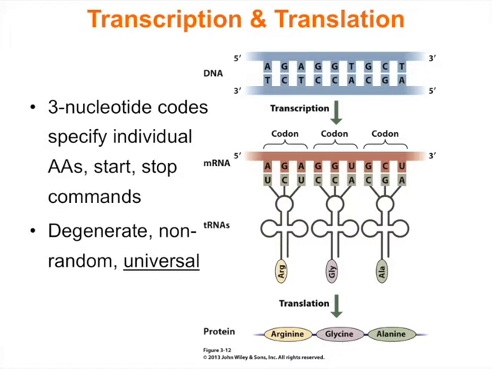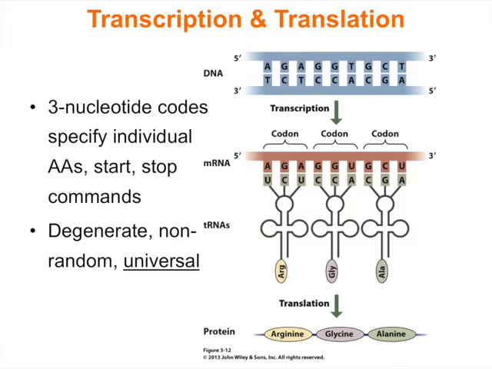Doublet code also can't work. You only have 4 options in each of the 2 spots, and so you can code for 16 amino acids. So the triplet code is the first one that would work. But with 4 nucleotides possible in each of the 3 spaces, we can have 64 possible codons.